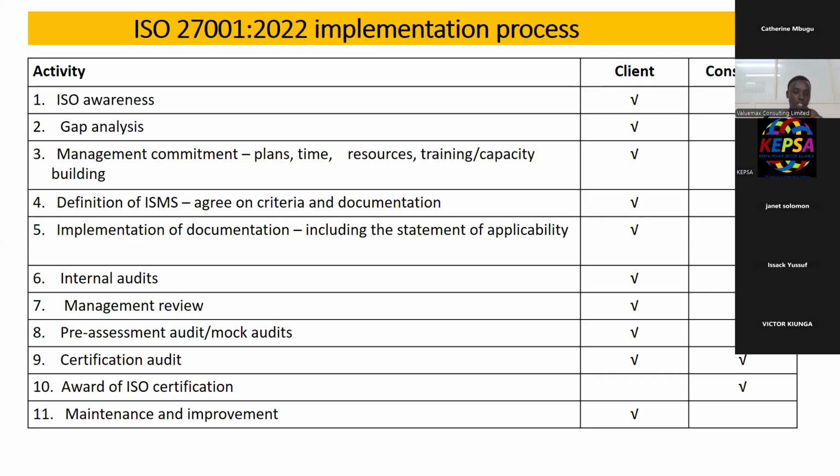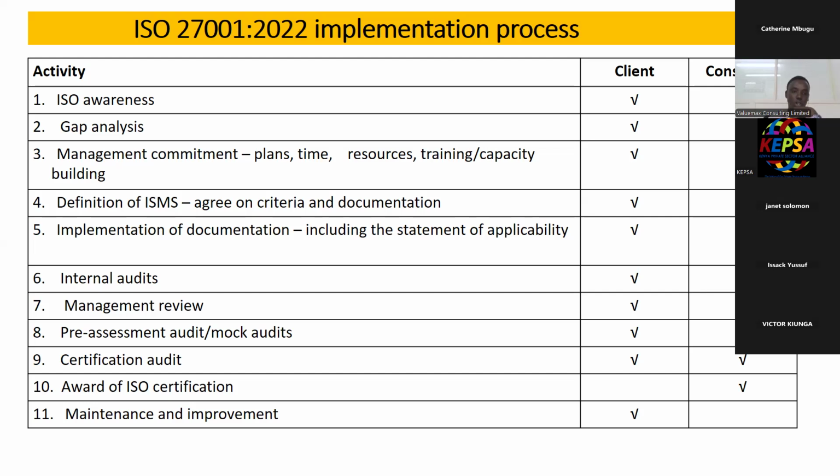So this is the implementation process. It has steps from step 1 to step 11. First of all, it's something that we call the ISO awareness. In ISO awareness, we give you the information about this ISO standard. We give you the details of the clauses.